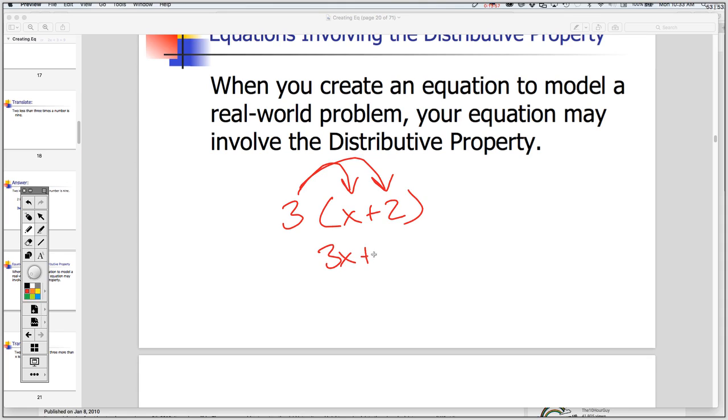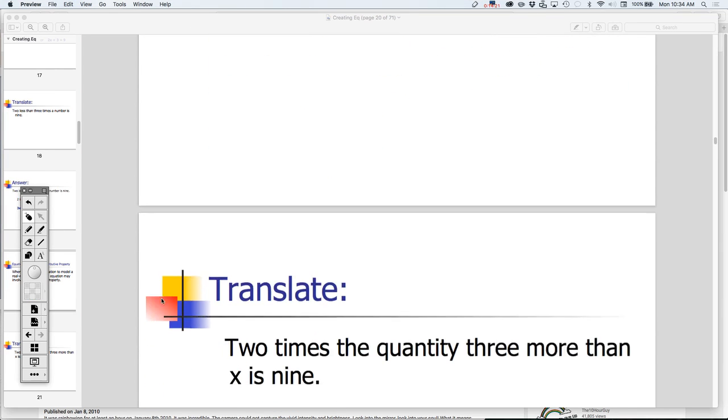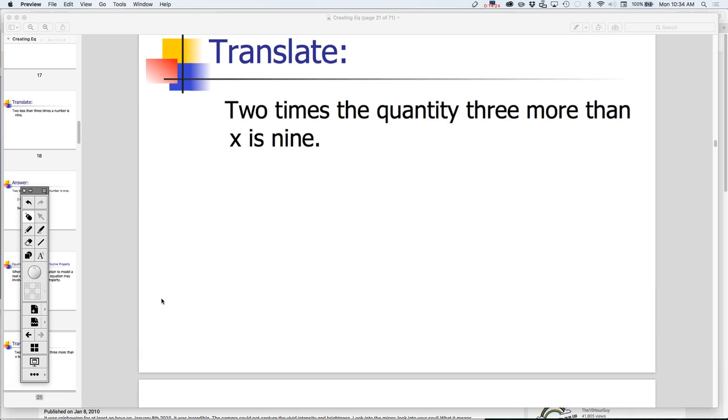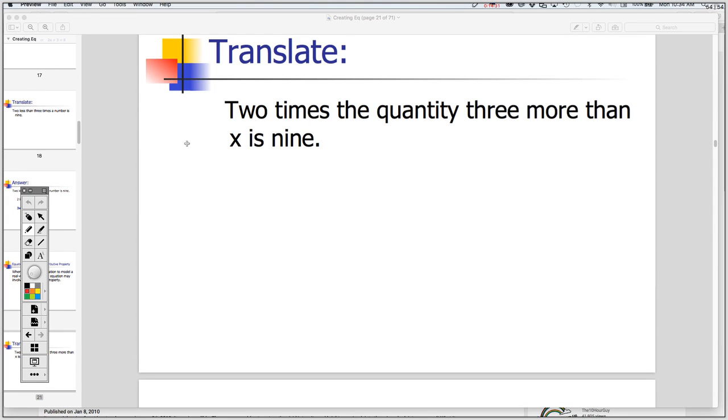All right, 2 times the quantity 3 more than x is 9. Okay, so let's translate this together. So 2 times the quantity 3 more than x is 9.